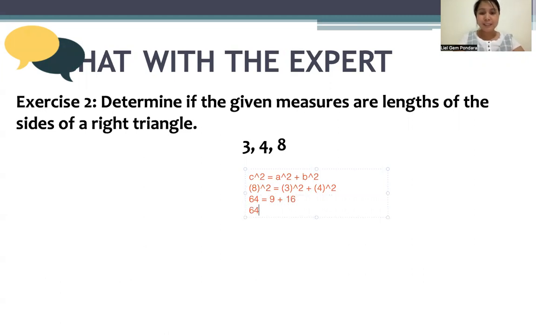Once we add 9 plus 16, that is 25. So we say that 64 is not equal to 25. And with that, we say these are not sides of a right triangle. That's it. Let's go to the next one.